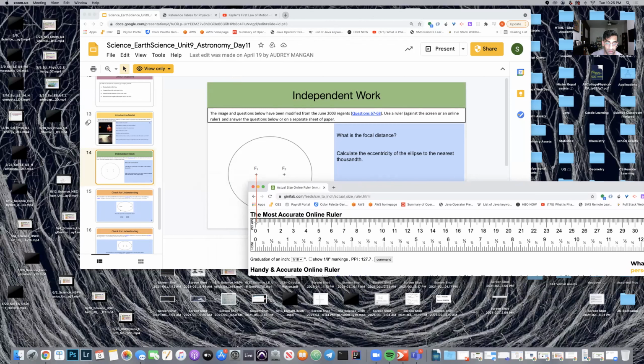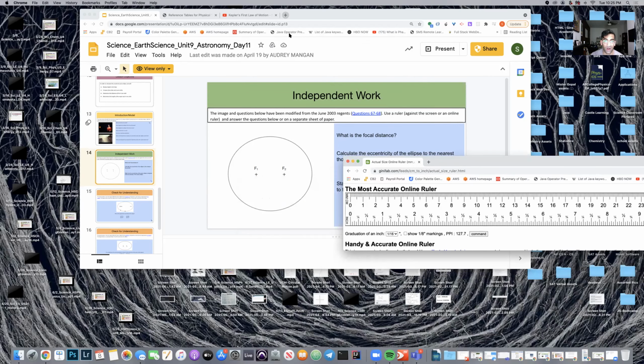that my ruler is accurately set up. So check it out. I'm just going to draw a line right here, exactly on here, and going straight vertically down.